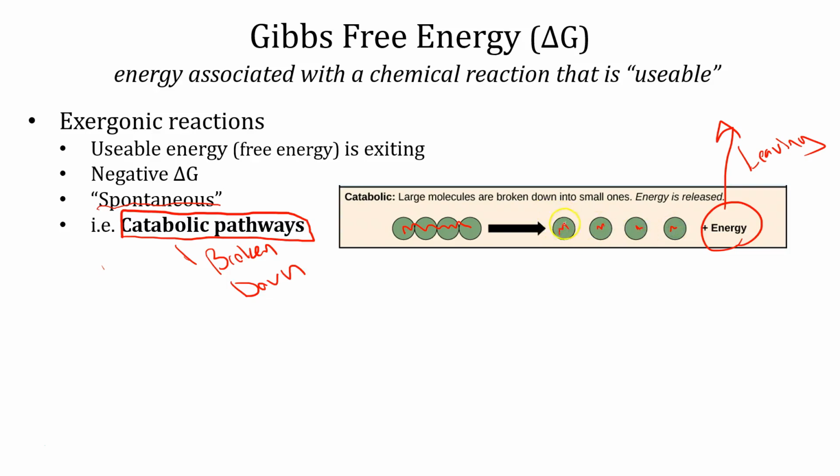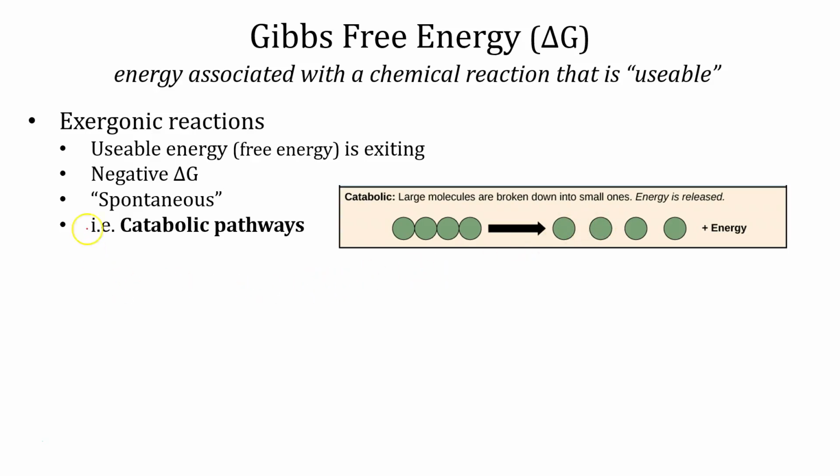But the energy stored in these products is going to be less than the original energy in the reactants, because some of the energy is escaping. Cells can probably use that energy to do some work, but what's remaining in the cell won't have as much total free energy as it once did, just because some of that energy is lost out of the system. Okay, so catabolic pathways are exergonic, meaning energy has left the reaction.